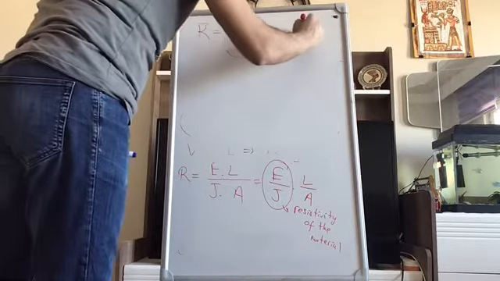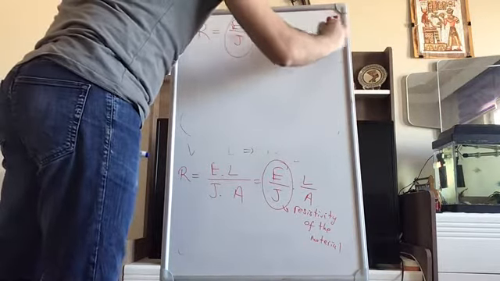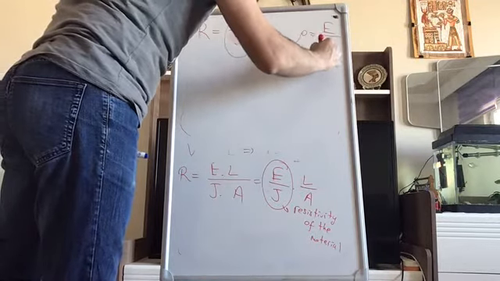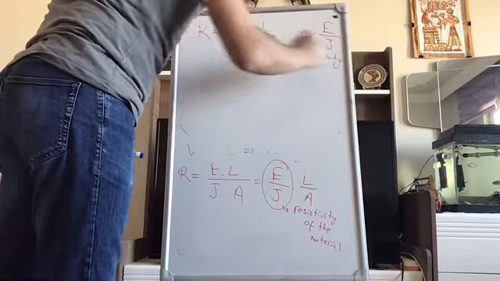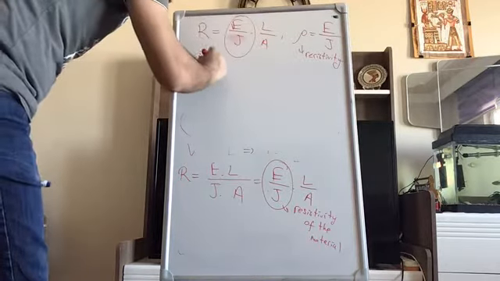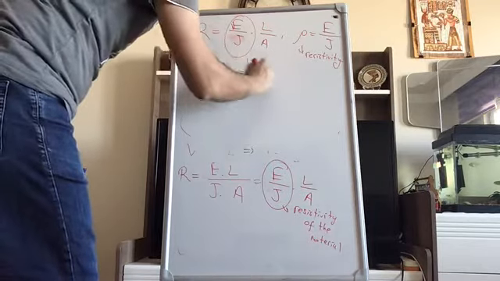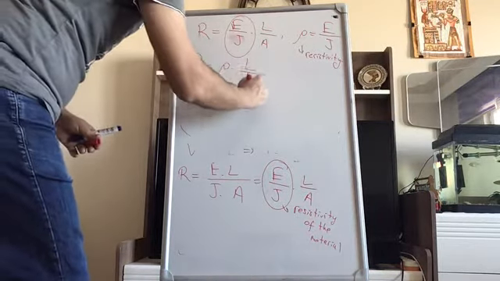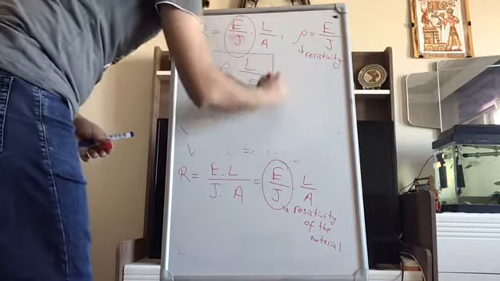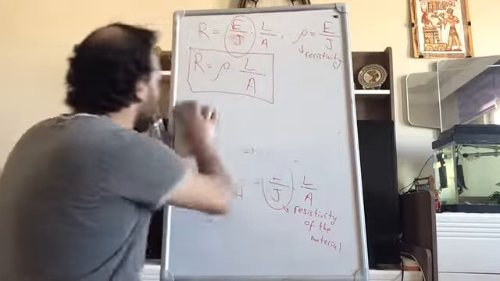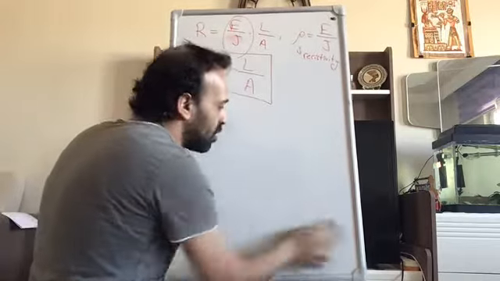We show it with rho equal to E over J, called resistivity. So the resistance of a material can be written as the resistivity times its length over its cross-sectional area. Let me clean up this bottom side and let's discuss what this equation means.